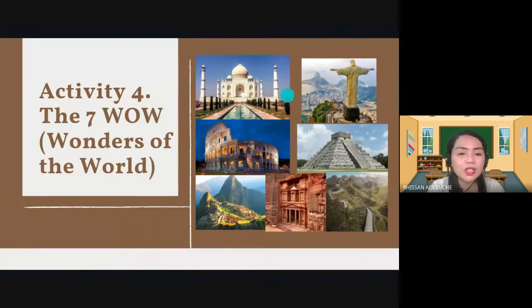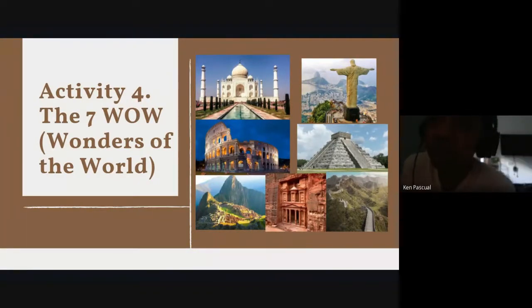They are part of the history, and they have historical importance to us. But what could be the negative effect of weathering to these 7 wonders of the world? Will there be a negative effect? Yes, Pascual. There can be a negative effect because weathering can wear off the rocks that make up these structures.